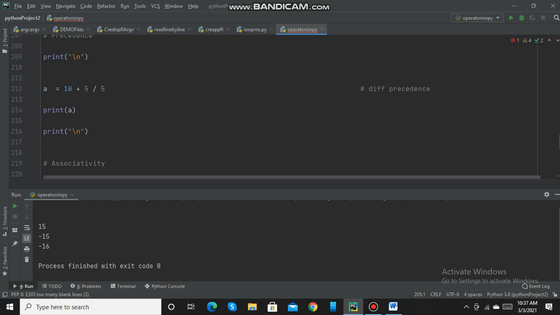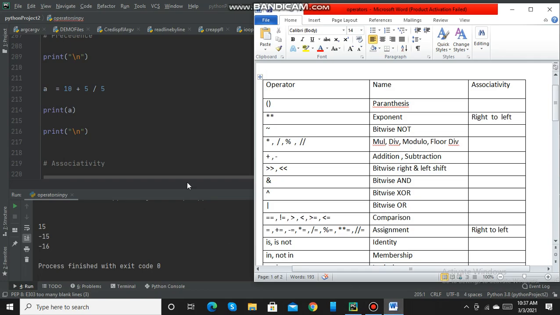Now this table here is the order of precedence of operators. The operator with the highest priority is at the top of the table. So parenthesis is at the top of the table and has the highest priority, followed by exponent and so on. So multiplication, division, modulus and floor division have higher priority than addition and subtraction.